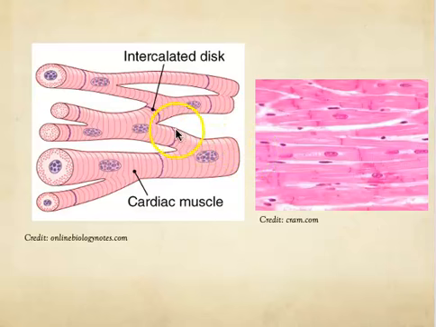All of these cells are connected to each other. They're joined together at these structures called intercalated discs. Now, I should note here that it is possible for cardiac muscle cells, cardiomyocytes, to have more than one nucleus. It's just not common. They develop differently than the skeletal muscles do in the fetus.